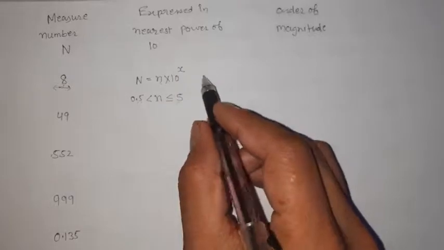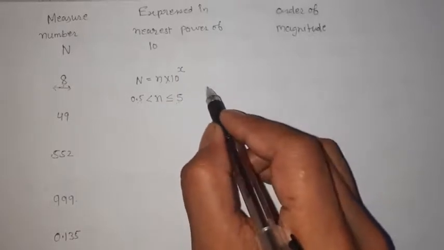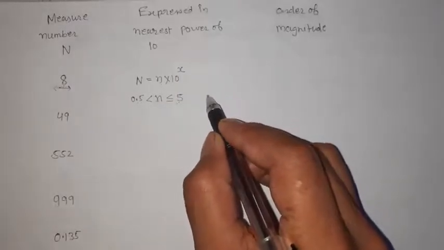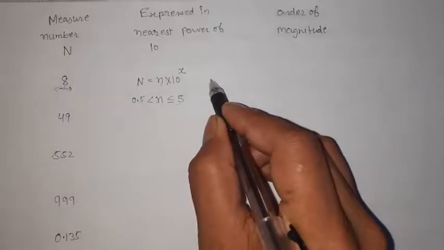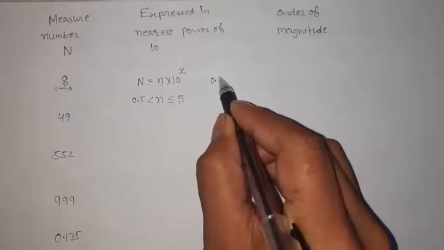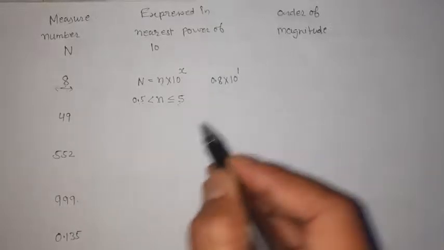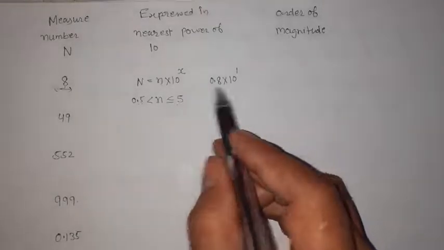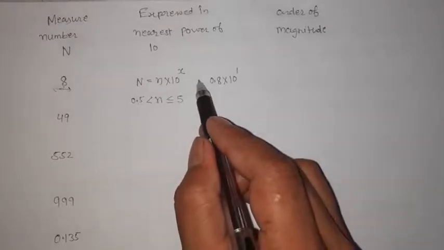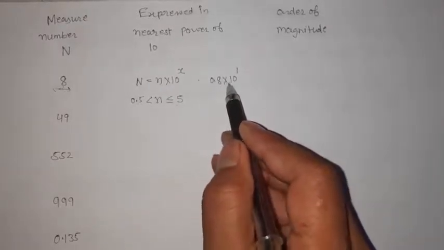Therefore, I'm going to make it 0.8 into 10 की power 1. What I did here is express this 8 as 0.8 into 10 की power 1.